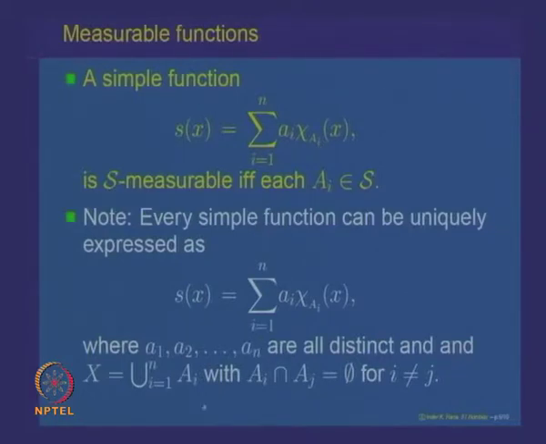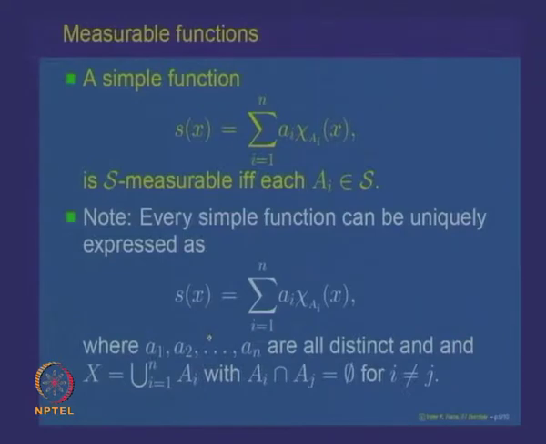If the same value is taken on two distinct sets, then we can put them together in one box and call that set a new A_i. This is sometimes called a standard representation of a simple function, where the a_i's are all distinct and the capital A_i's form a partition of the whole space X.